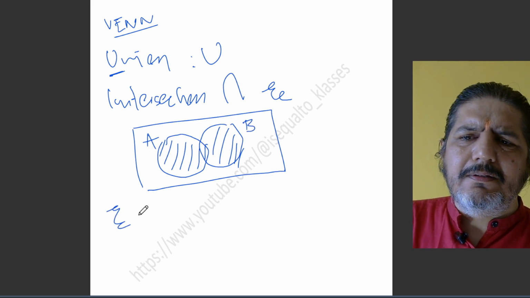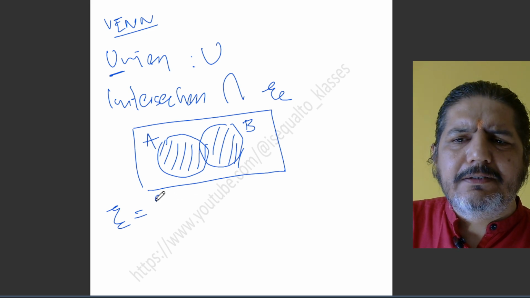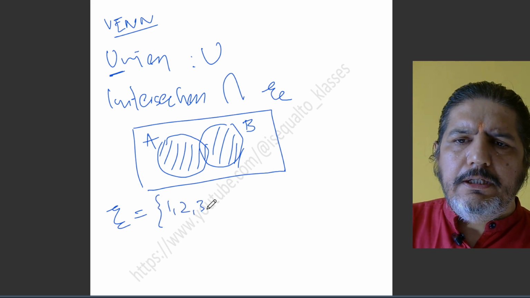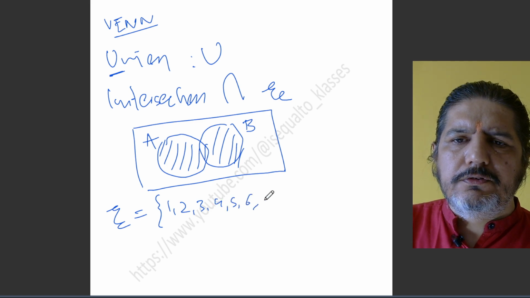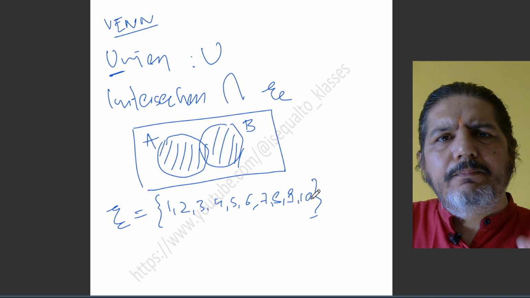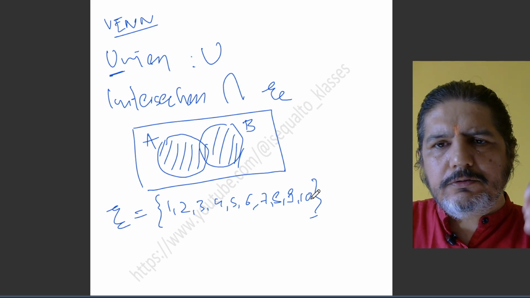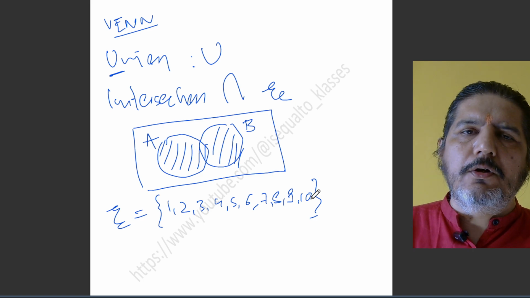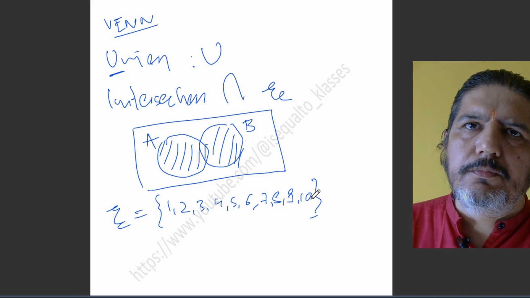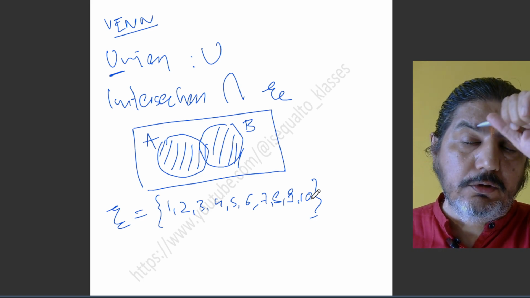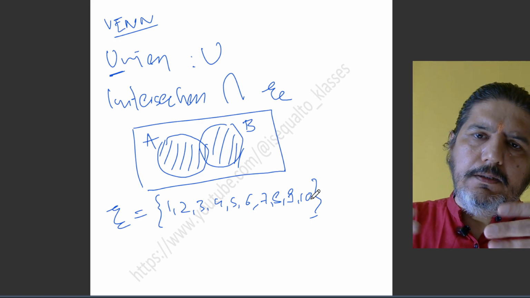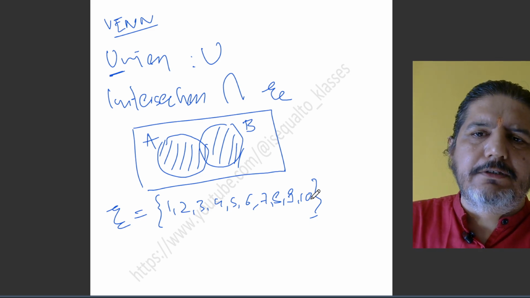For my purpose, let me define my xi as the first 10 natural numbers: 1, 2, 3, 4, 5, 6, 7, 8, 9, 10. This is my universal set in this context, in this question which I have formed. At times students have confusion about the universal set also. The universal set depends upon the question, depends upon the context. It may change. Of course, it will change.